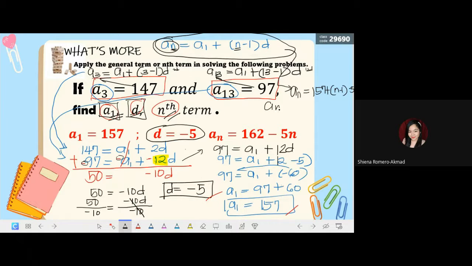So, magiging A sub n equals 157 plus, or minus na tayo, negative 5 times n is negative 5n. Negative 5 times negative 1 is positive 5. So, add natin. A sub n now is 162 minus 5n. Or pwede rin namang negative 5n plus 162. Either of the two. Okay?